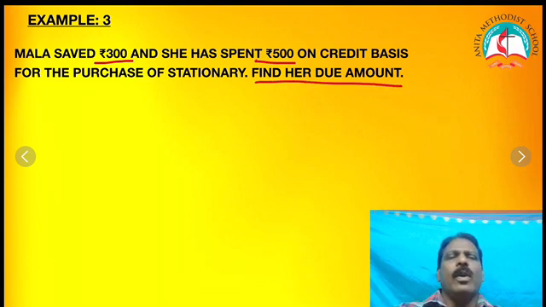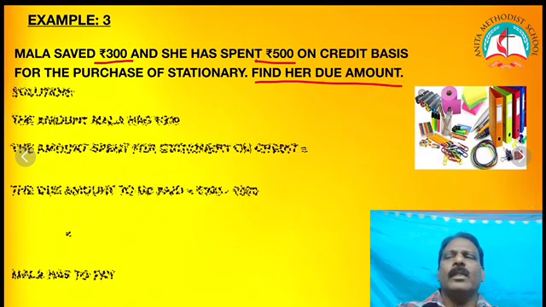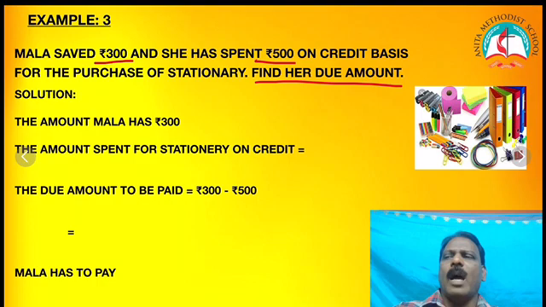So credit means, debit means what you have to do. Now listen to the solution. The amount Mala has is rupees 300. The amount spent for stationery on credit is rupees 500. So the due amount to be paid.